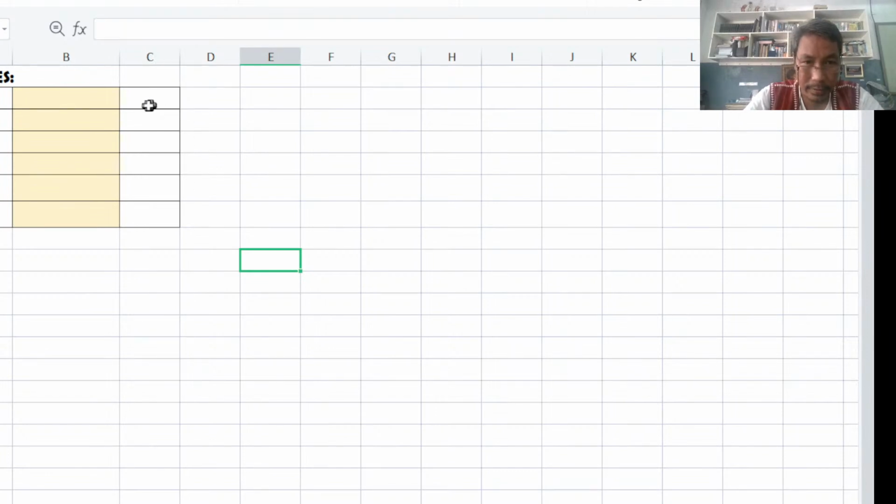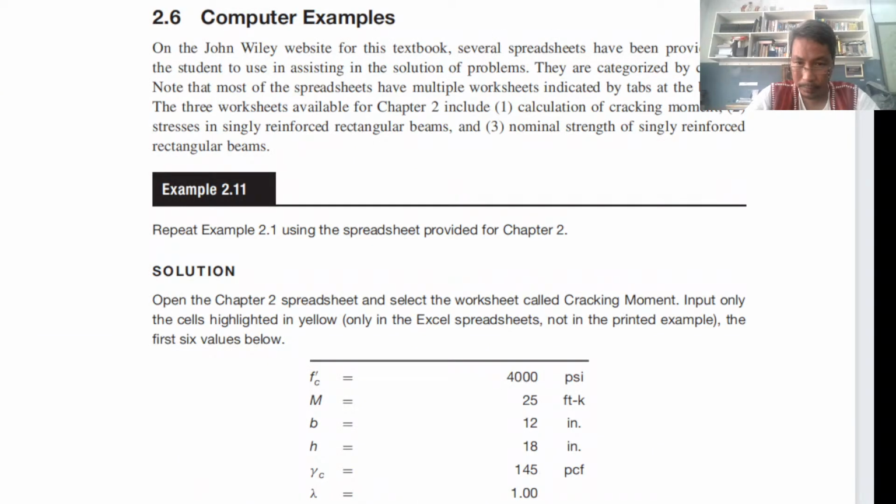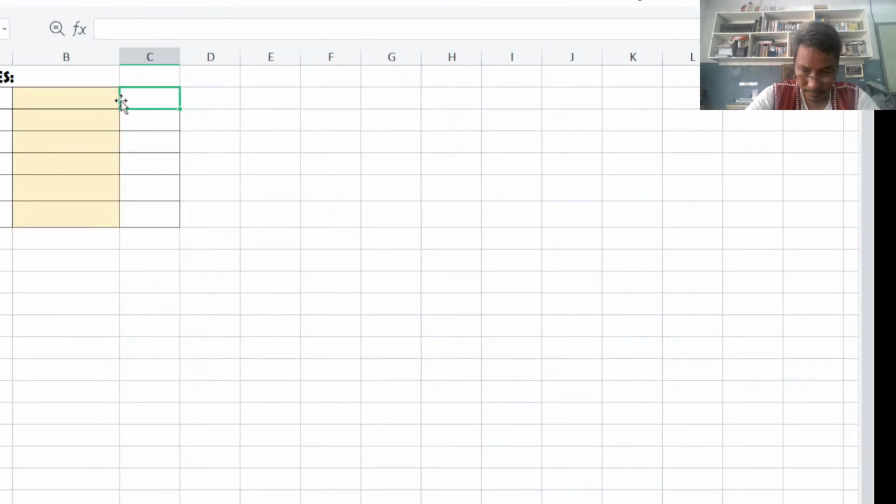Then put the necessary unit of measure so that the one who will use this program will know what unit must be inputted. So psi, for example, psi must be used here. Then next is foot-kip. Then next is inch. Then height is inch.